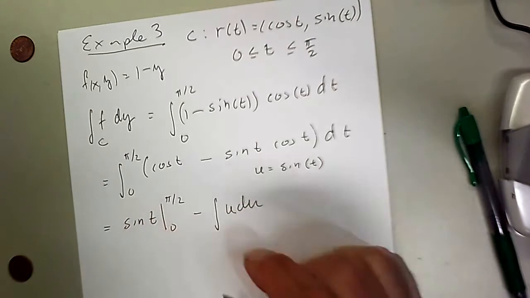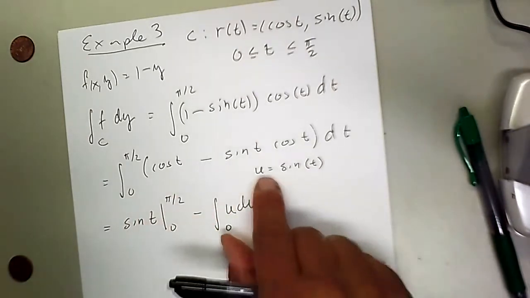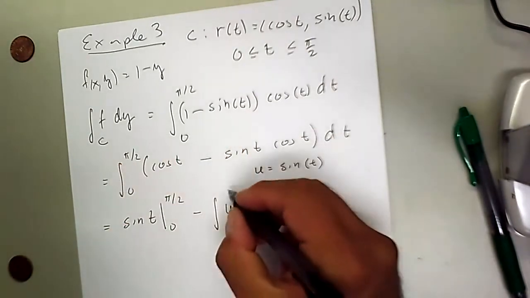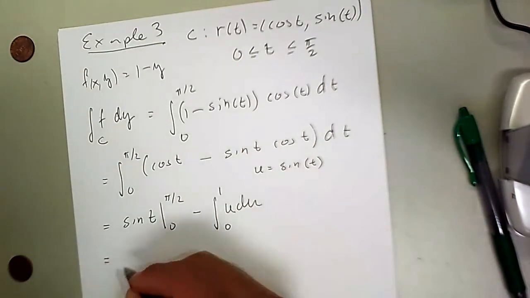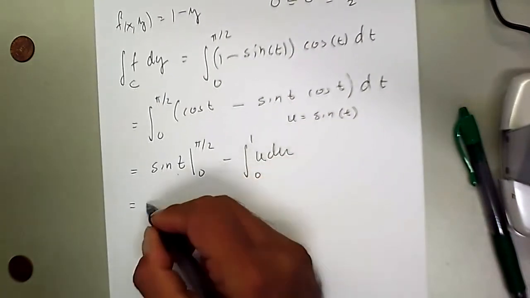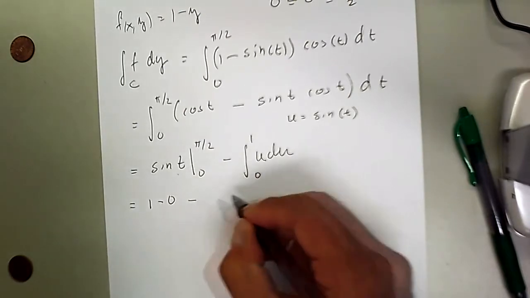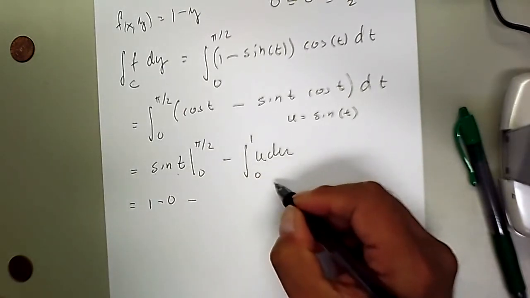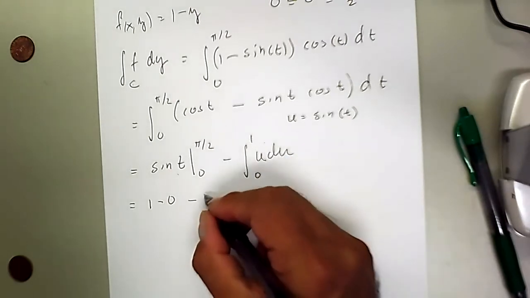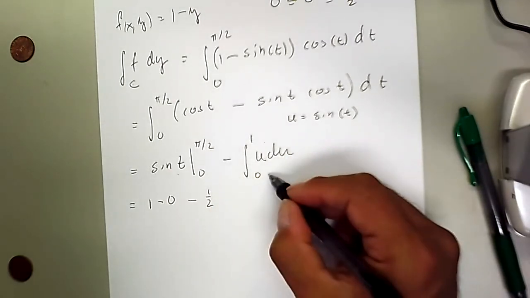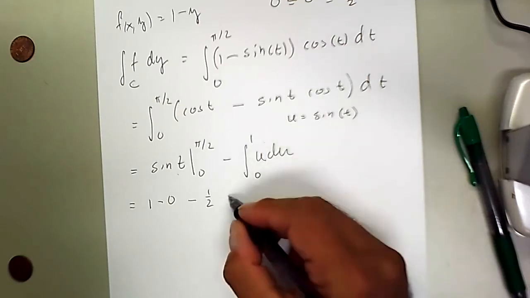When t is 0, we have 0. When t is pi over 2, we end up with 1. Sine of pi over 2 is 1 minus 0, minus, this is going to be u squared over 2, plug in 1, half, plug in 0, you still get half.